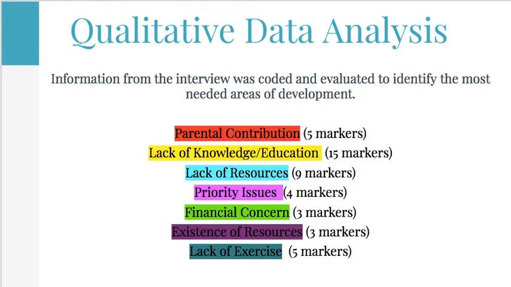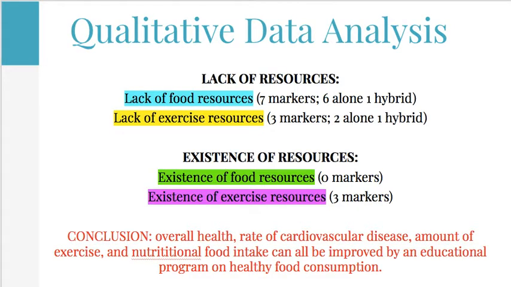8 tags. Lack of knowledge and education was the highest out of all of these tags. So I decided to further break that down into lack of food resources and lack of exercise resources. And lack of food resources had 7 markers, where lack of exercise only had 3.